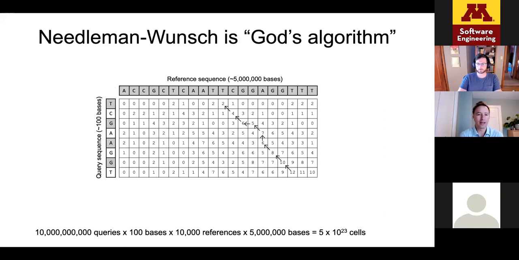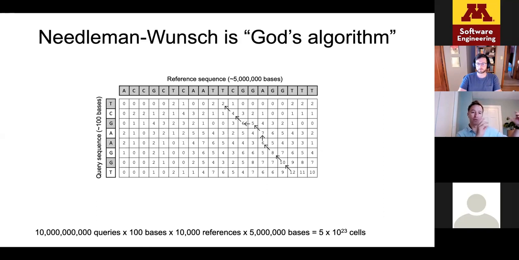Why not just use this every time we get the data, and maybe we'll get more information out? The problem is, in a typical data set, we might have, say, a total of 10 billion query sequences. These are the DNA sequences that we paid for, that we got with the DNA sequencing machine. Those might be 100 bases long. Multiply those together to figure out how many query cells we have, times 10,000 reference sequences in the database or more.